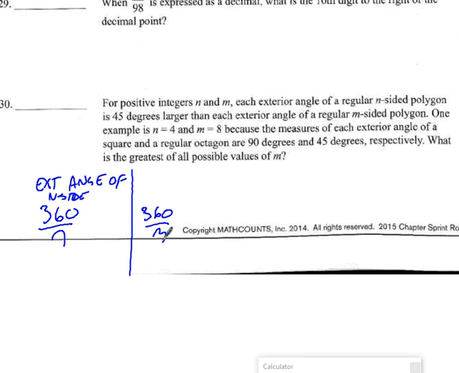And so we want to figure out the n, because the n one will have a larger exterior angle because it has less sides. So we know that 360 divided by n minus 45 is going to have to equal 360 divided by m. And now we just have an algebra problem, and we're trying to figure out the greatest possible value of m. So we need to get this m by itself.